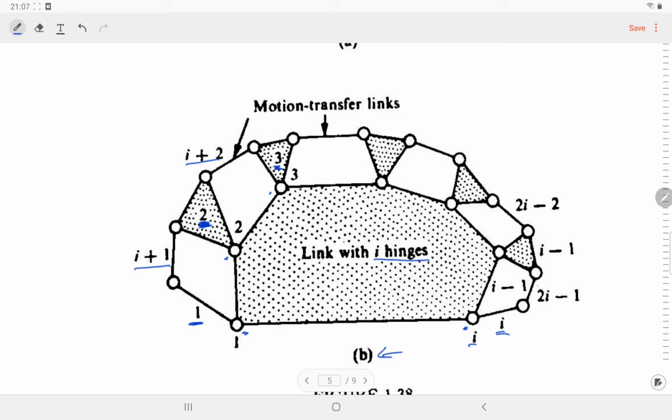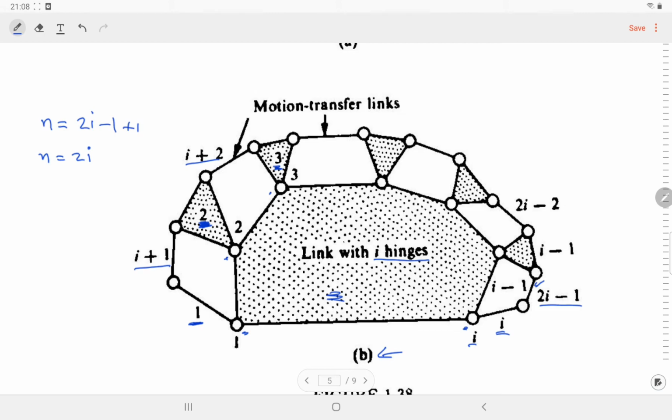Finally we will have this link, which is i plus i minus 1, which is 2i minus 1. So let's calculate how many links we have in this kinematic chain. In total it is 2i minus 1, plus this link, plus 1, which is equal to 2i.